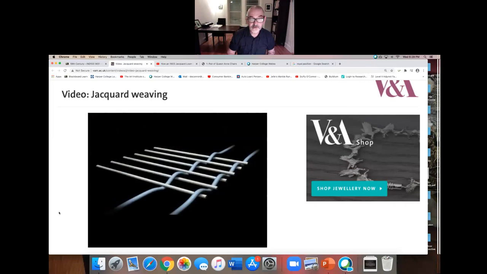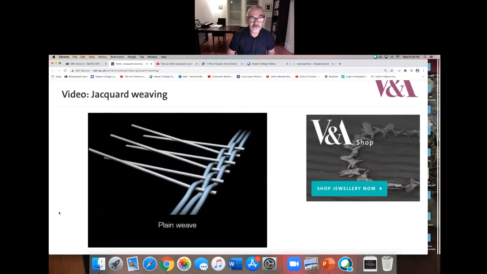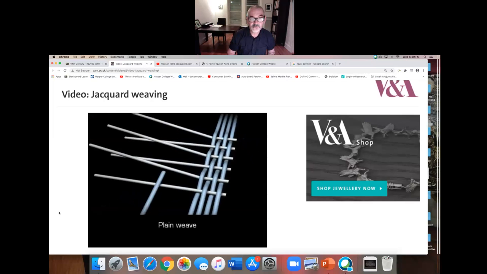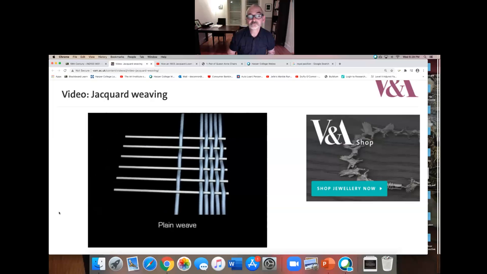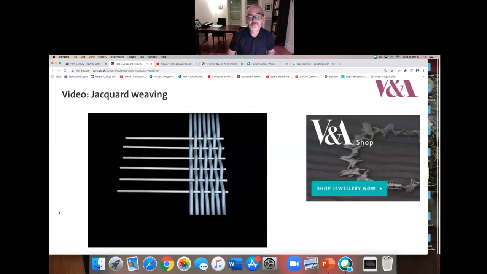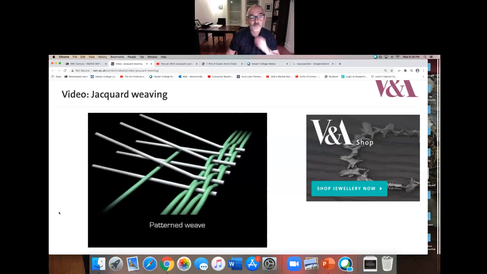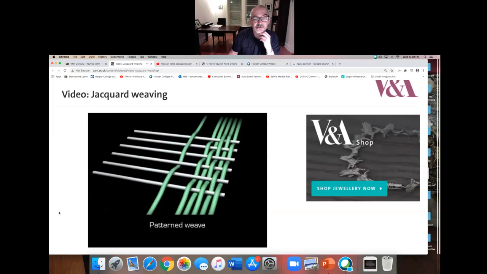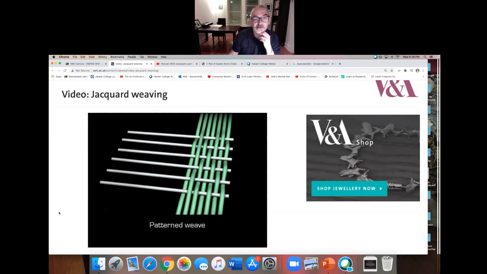All right. So normally, plain weave, you just get this sort of alternating warp and weft. And for patterns, you get something a little bit more complex.